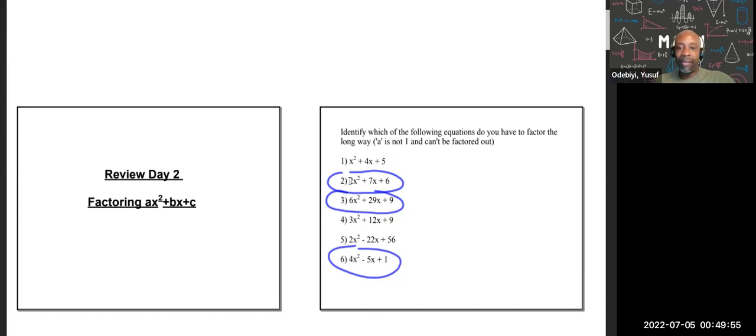So this one here, you have to factor out the long way. This one here. And this one. And we say factor out the long way because after we take it out, we cannot do common factoring. And there's no perfect square.